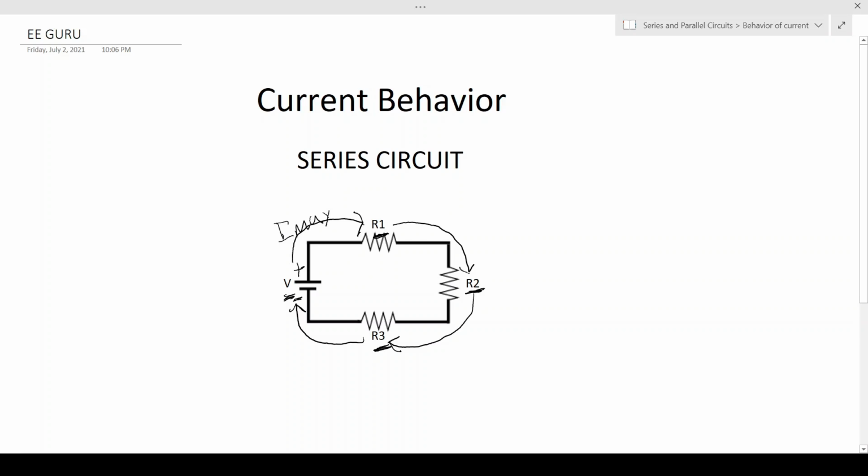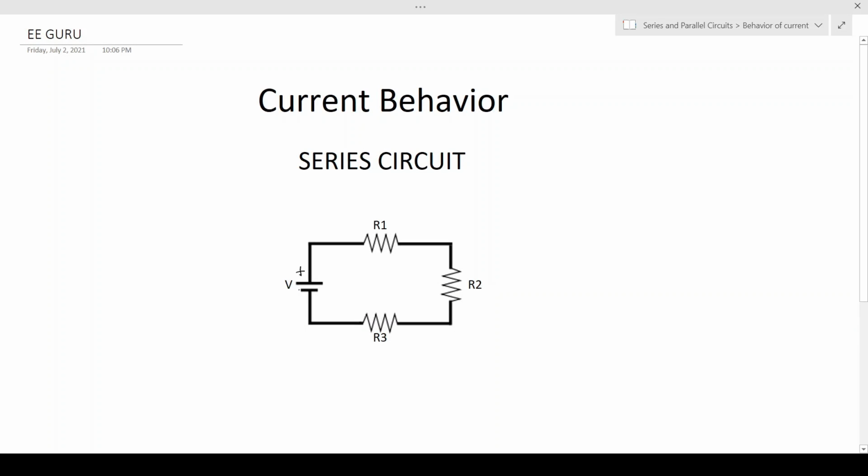I know this is a trivial point, but this is very different when you're comparing this to a parallel circuit. With a parallel circuit, the current that is flowing through the circuit may not always be the same everywhere on the circuit. And we'll talk more about this later on when we're talking about parallel circuits.